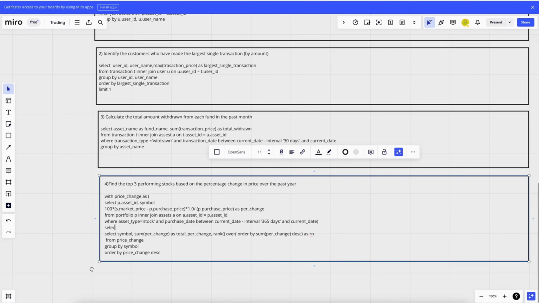And here I'll select where Rn is less than or equal to 3.